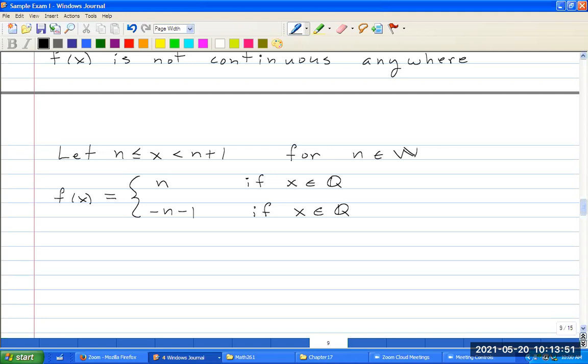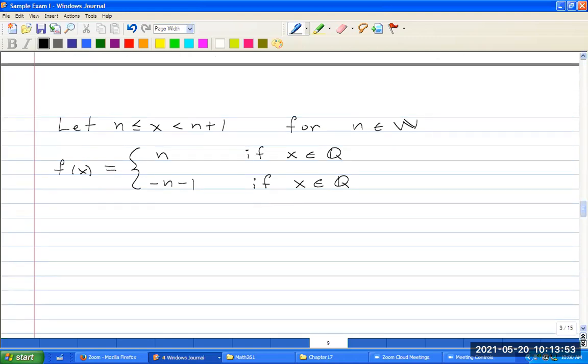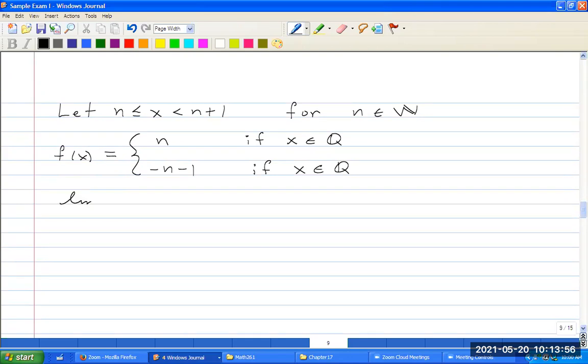So therefore, the limit as x approaches, let's say, a, of f of x will not exist if a is greater than or equal to 0. Now we'll have a similar formula for x less than 0.